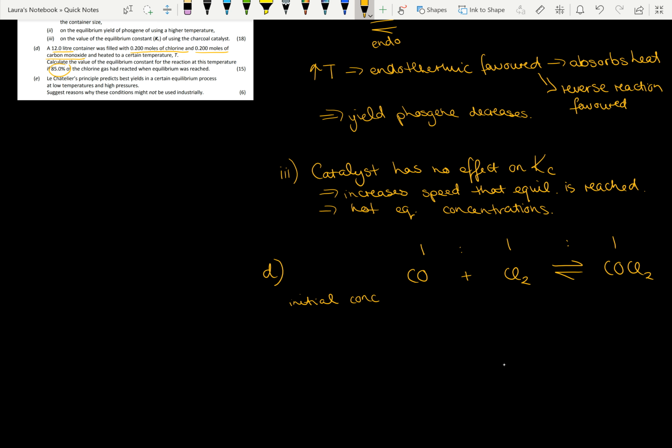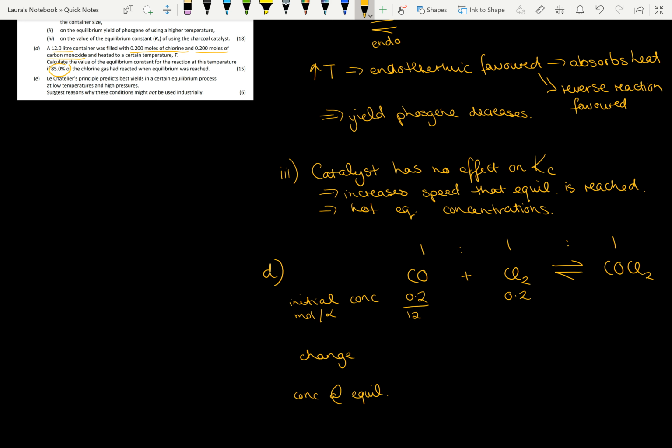First of all, we've got our initial concentration in moles per litre. Again, we're going to track the change so that we can calculate concentration at equilibrium. Now, we're told that 0.2 moles of carbon monoxide and 0.2 moles of chlorine are put into a 12-litre container.